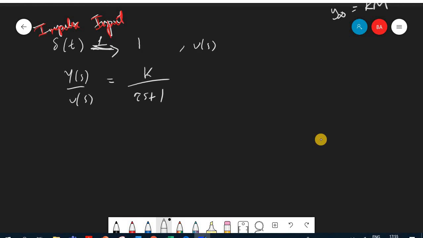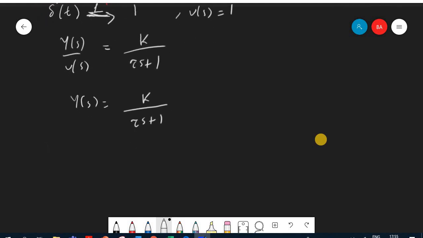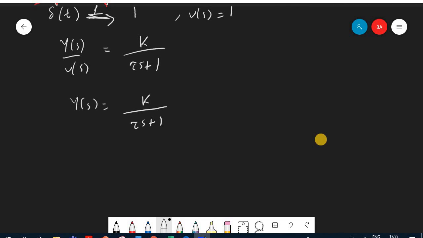If I substitute that, y of s is equal to 1 multiplied by K over tau s plus 1. And if I just want to represent this in a format so that I can take the Laplace inverse, I will divide by tau, so it will be K over tau over s plus 1 over tau.